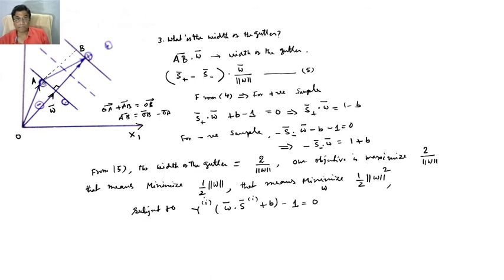My optimization problem now becomes: minimize half W squared over the parameter W, subject to the constraint y sub i times the linear expression being at least 1. This is a constraint I have written. So now there is a constraint and there is an objective function, making it a constrained quadratic optimization problem.